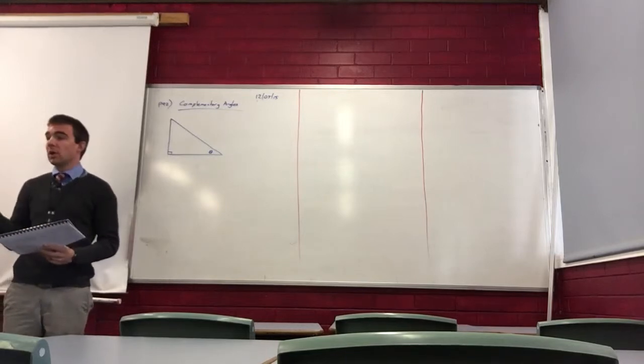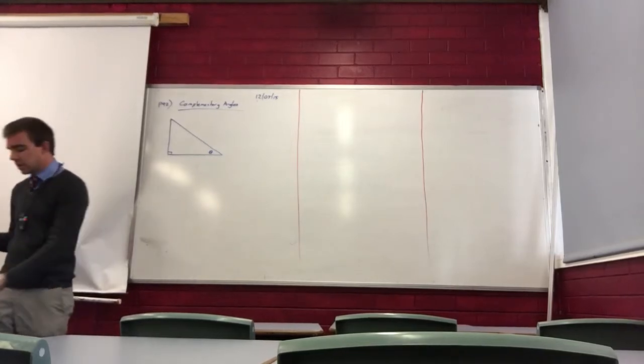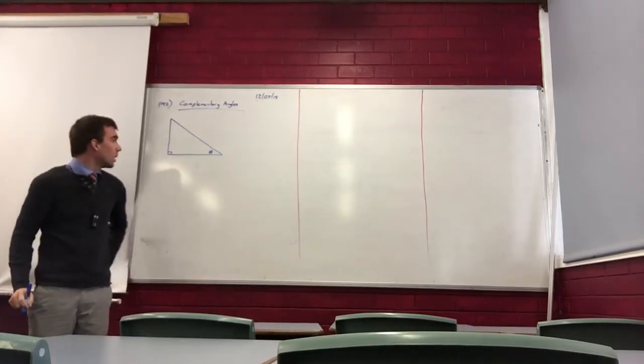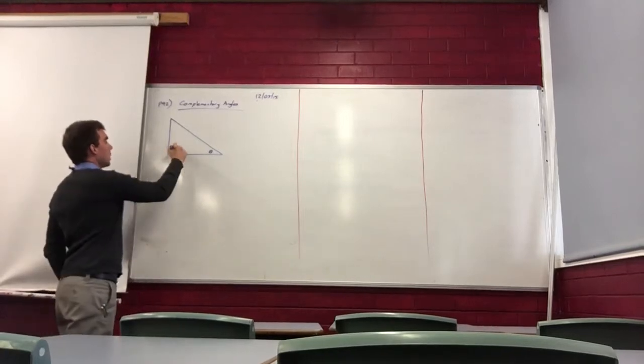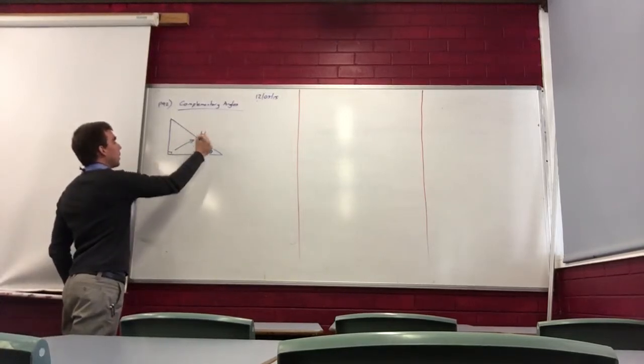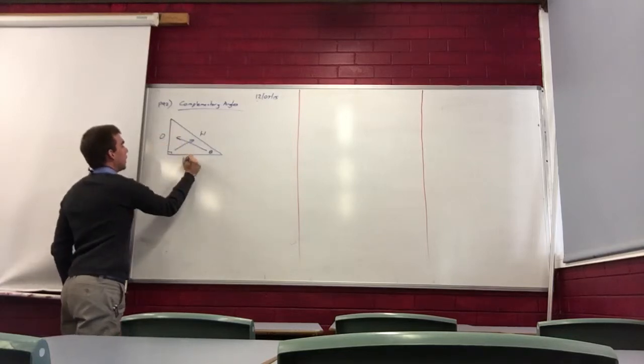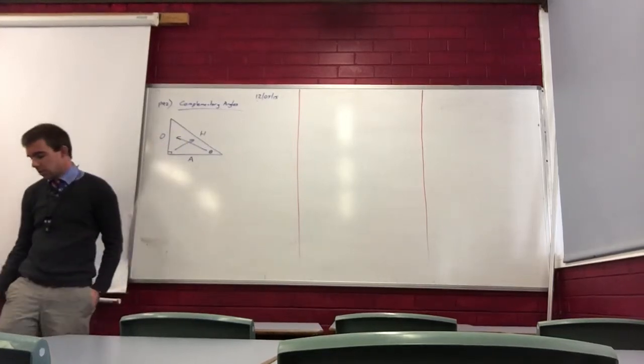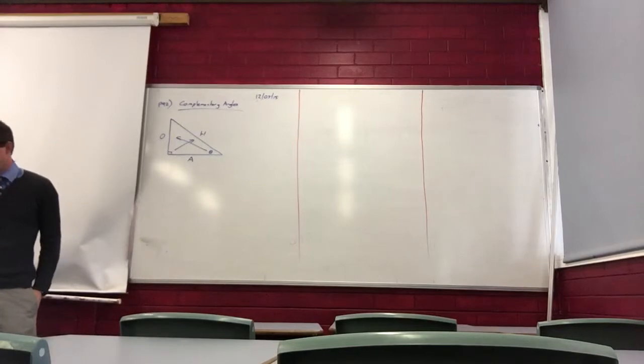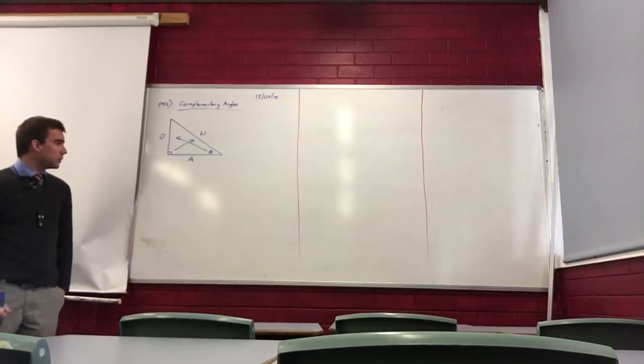We need to label the hypotenuse, opposite side, and adjacent side. Opposite the right angle is the hypotenuse, opposite the marked angle is the opposite, and the adjacent side is the side left over, which contains both those angles.